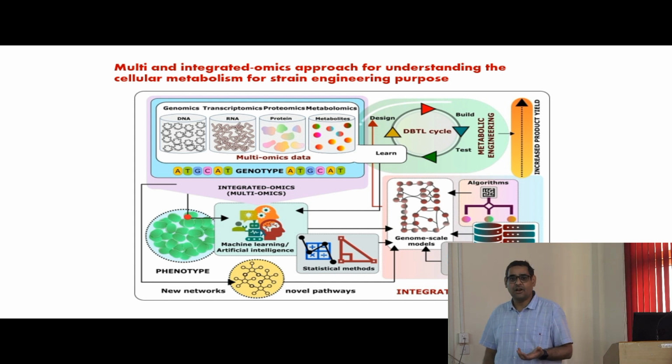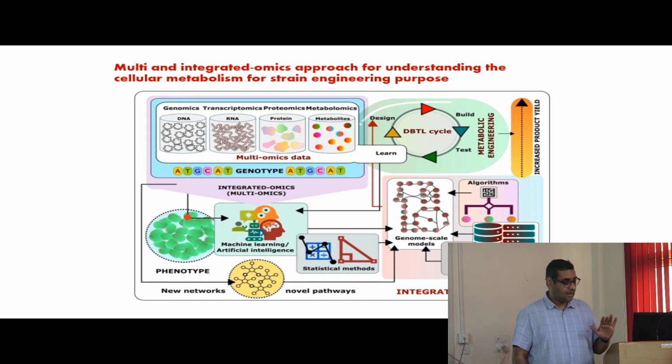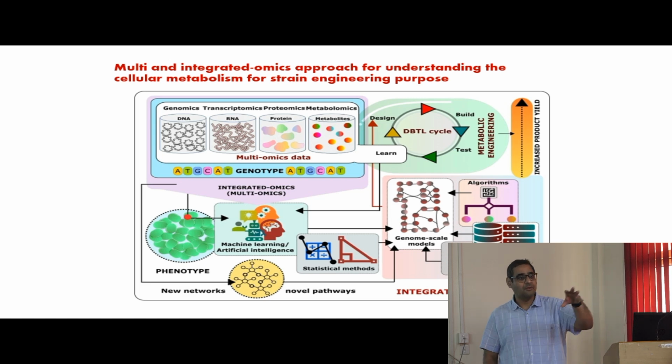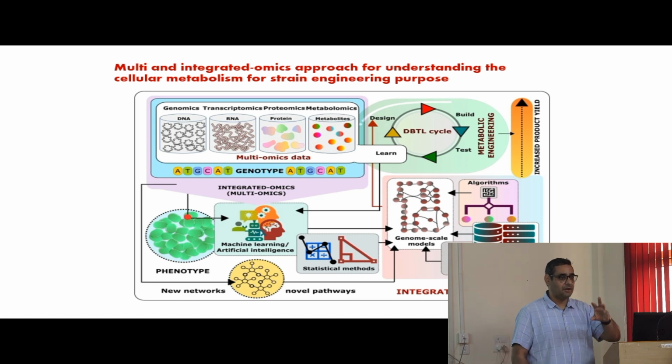It will not always give you the better one, but for compromised processes where the production is not proper, like if you are looking for an anti-diabetic compound or an anti-cancerous molecule for your drug development, why not use these tools for process design? That will give you a better outcome.